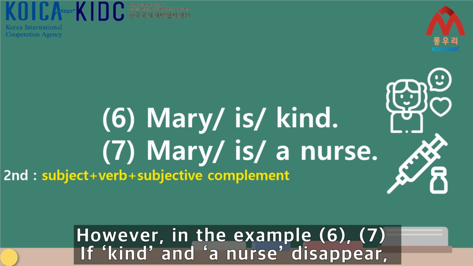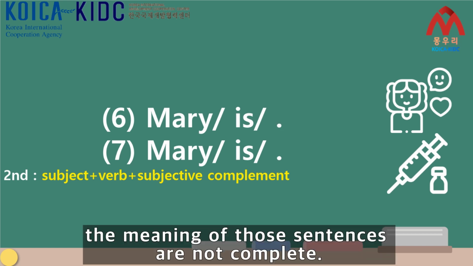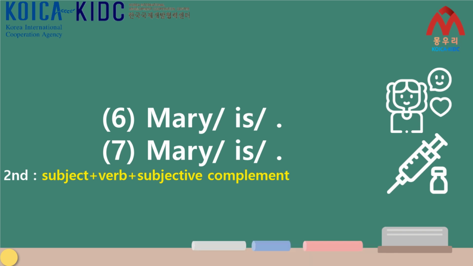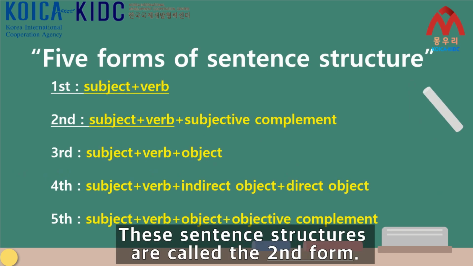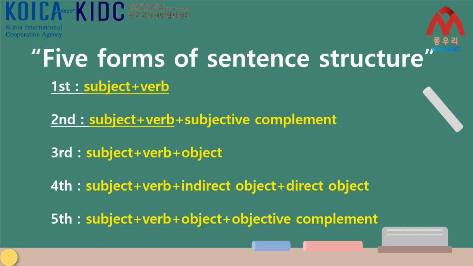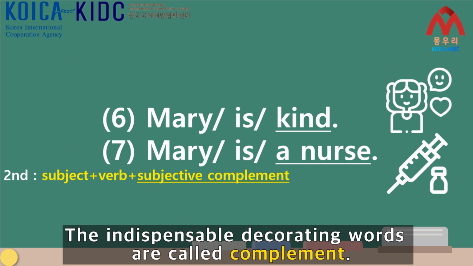However, in examples 6 and 7, if kind and a nurse disappear, the meanings of the sentences are not complete. These sentence structures are called the second form. The indispensable decorating words are called complements.